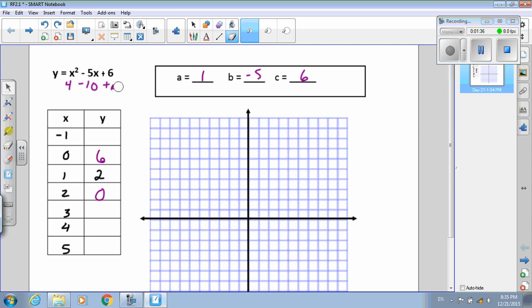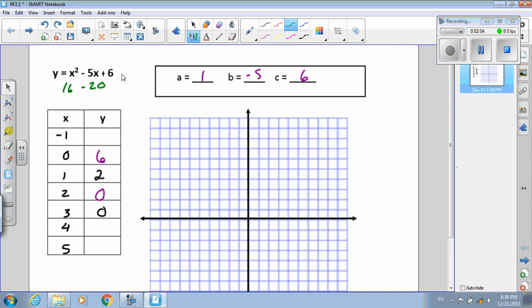Interesting. And then let's take a look at 3 squared, which is 9. Negative 5 times 3 is negative 15, plus 6 is negative 9... wait, 9 minus 15 plus 6 is also 0. And then I got 4, so let's do 4. 4 squared is 16. 4 times negative 5 is negative 20.